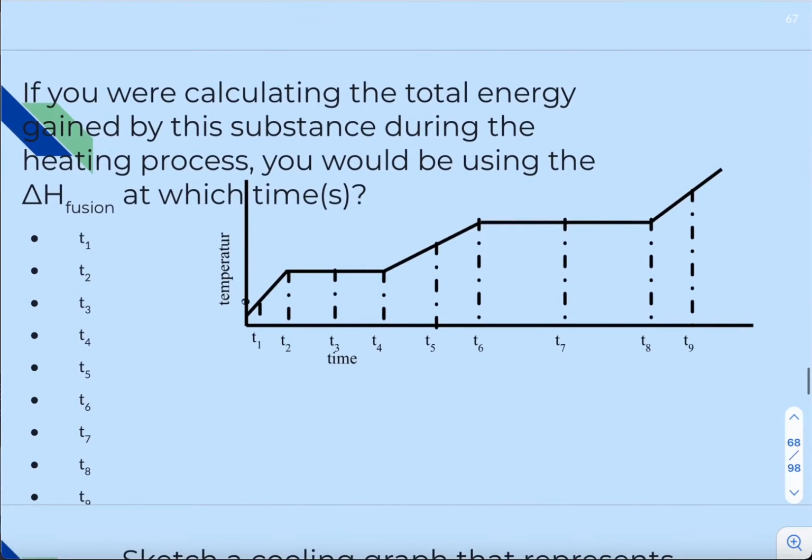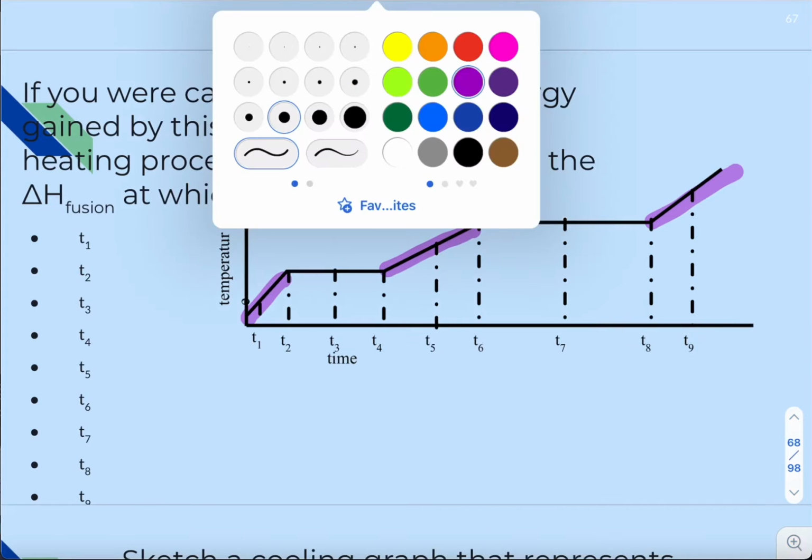If you were calculating the total energy gained by this substance during the heating process, you would be using the delta H of fusion at what time? So this is saying, like we just looked at that slide, that here, here, and here, you would use MC delta T. Okay, remember that MC delta T is used when the temperature is changing.